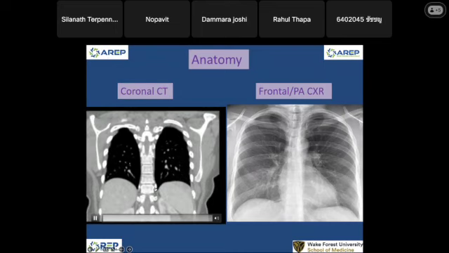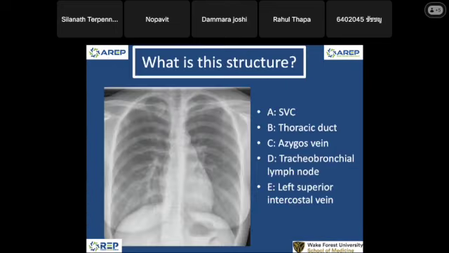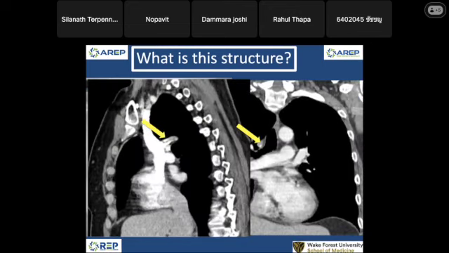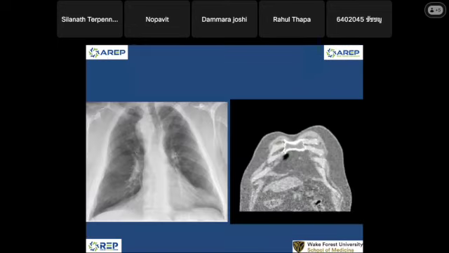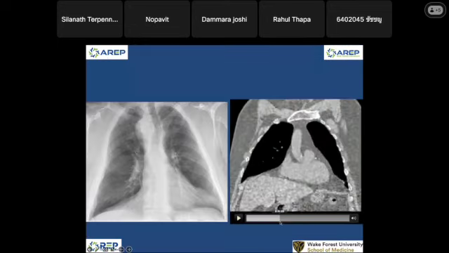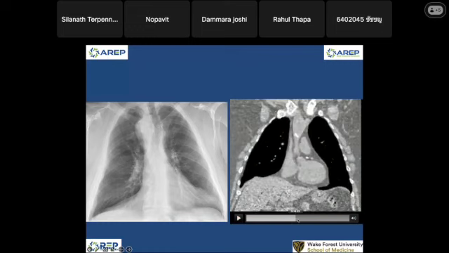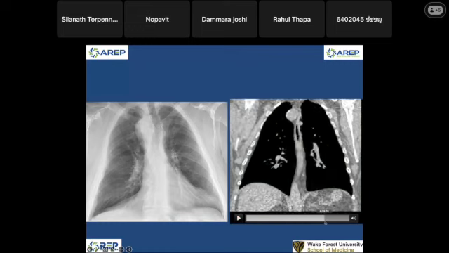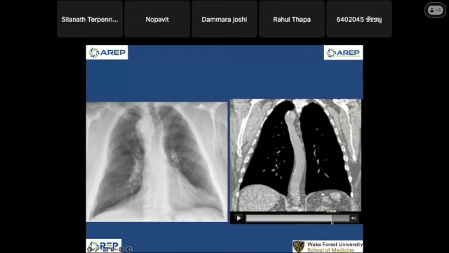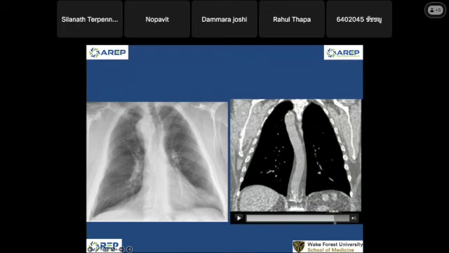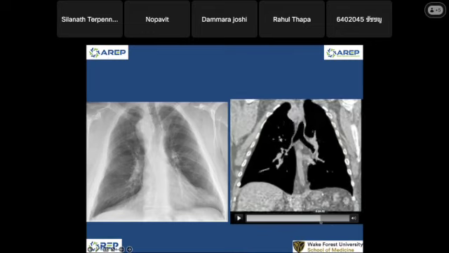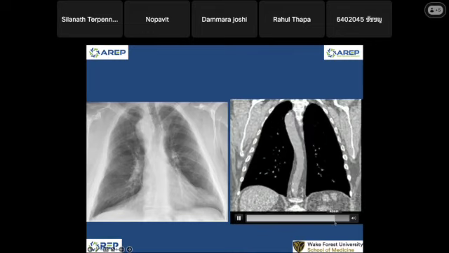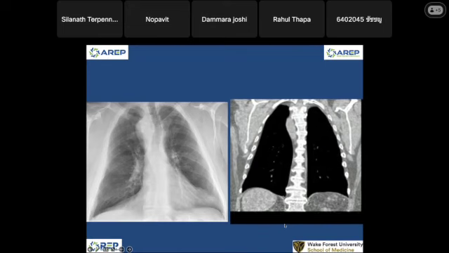All right, now I'm going to go to the case. Look at my aorta again. Do they look alike? Okay, let's come back here.